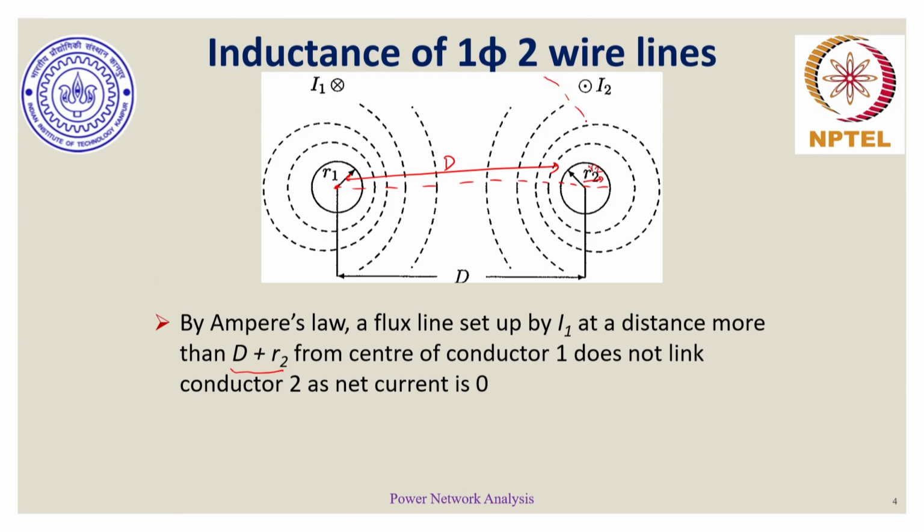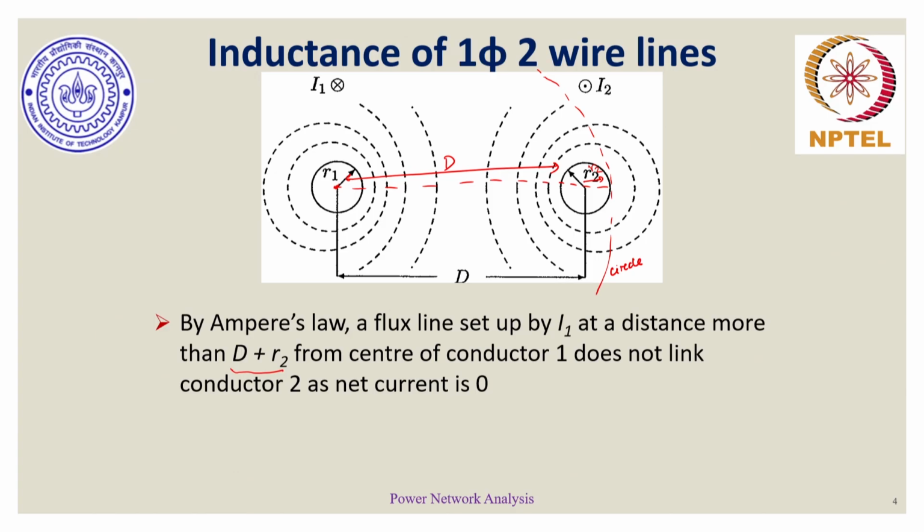If I draw a surface which is just touching the extreme rightmost surface of the conductor of radius r2, and this surface is again concentric, thanks to our concentric magnetic flux lines, it could be considered as a circle, the dotted circle that I have drawn, whose radius is d plus r2 from the center of the conductor carrying current I1.